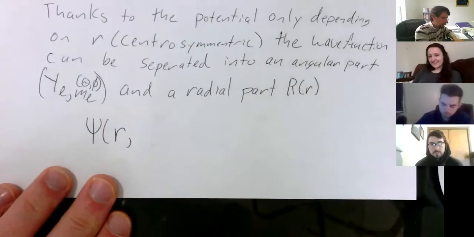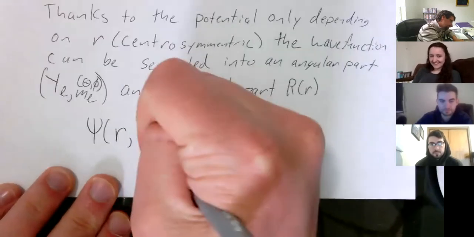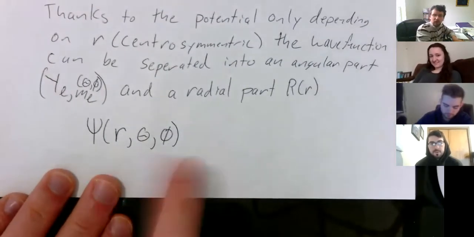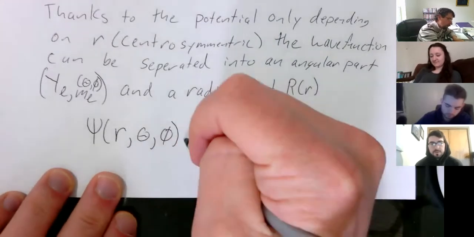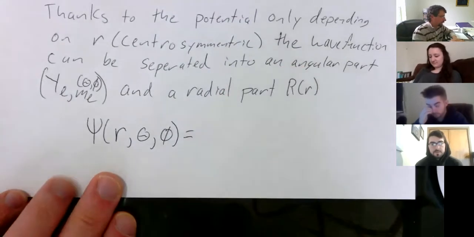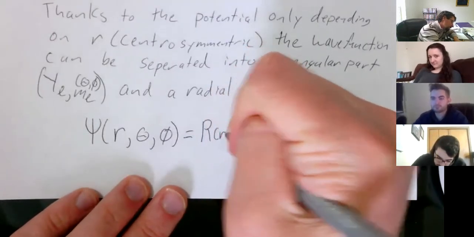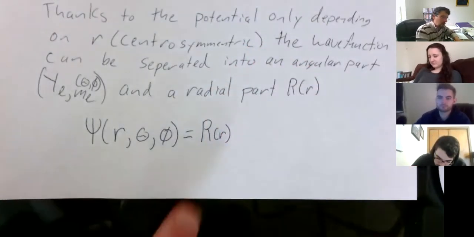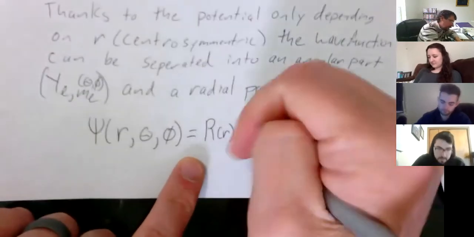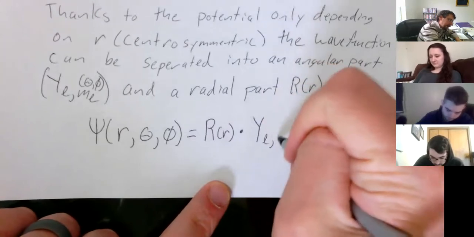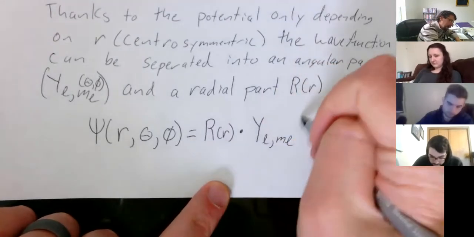Theta and phi. So our wave function depends on these three things. But what we're saying is we can split this up into two expressions. We have a part that just depends on r, and then we have our spherical harmonic function, which we've seen in the past.